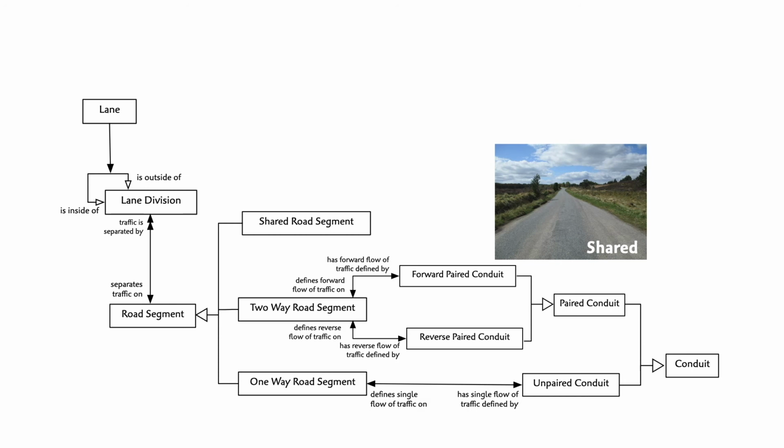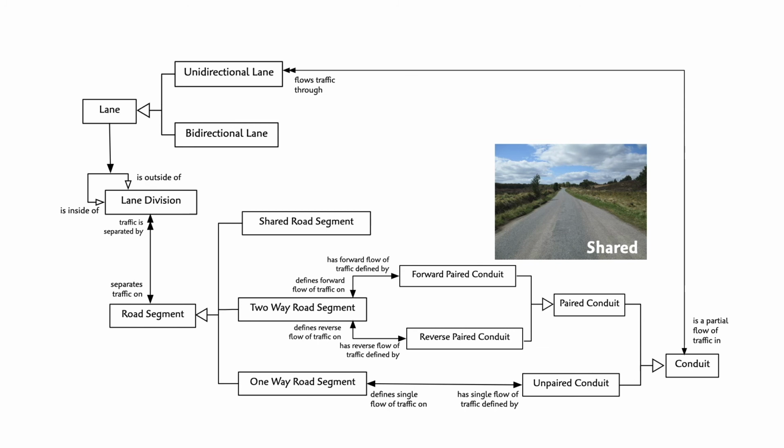To resolve the problem, we observe that a lane is either unidirectional or bidirectional. And now we can say with confidence that every unidirectional lane must be part of a conduit, and that a conduit consists only of unidirectional lanes. This then leads us to wonder where we might find bidirectional lanes. Well, the shared single-lane road example is the easy case. But our model has raised the question of whether or not there's another possibility.